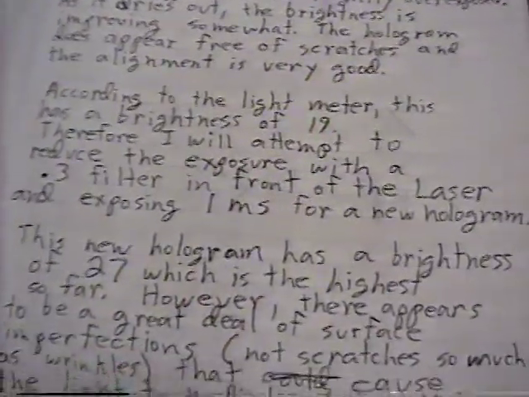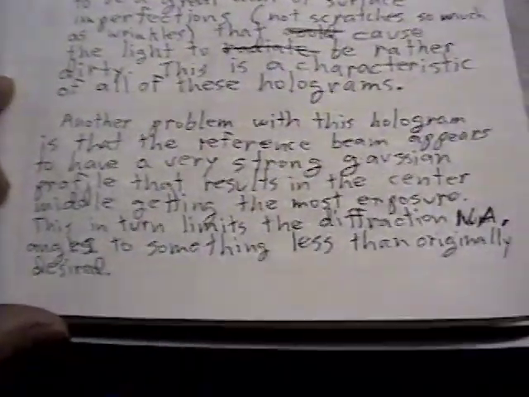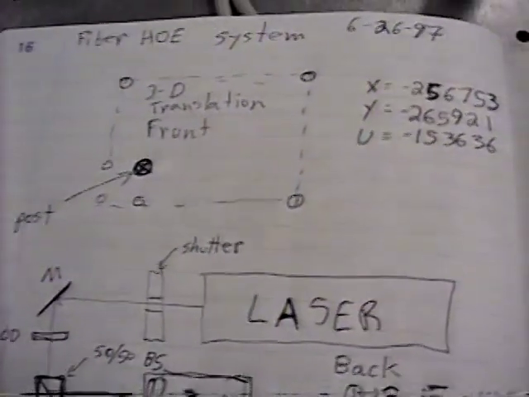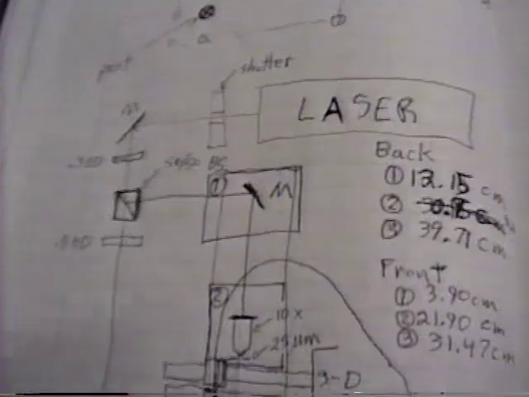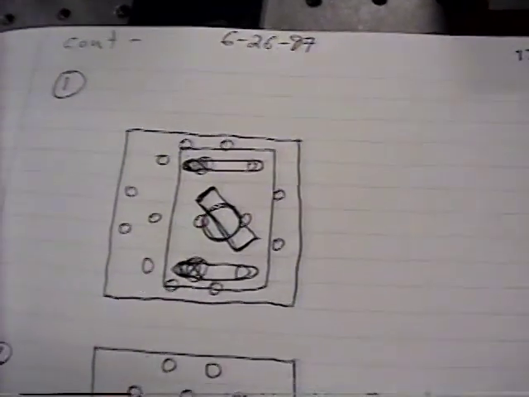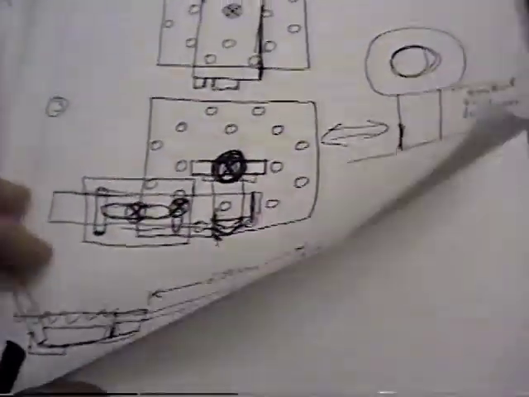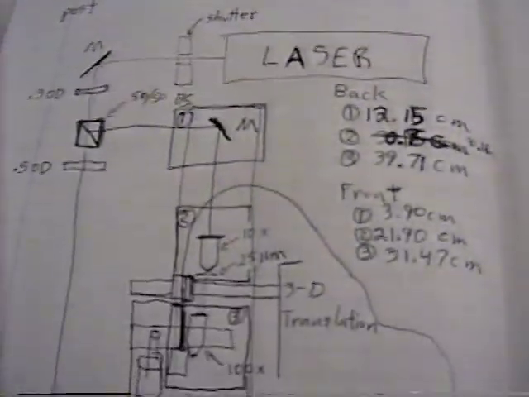And so finally, the final thing I did was I wrote down the actual positioning of all the optics when I made the hologram for making the holographic wand, so that I can go back and reproduce the positions of everything.